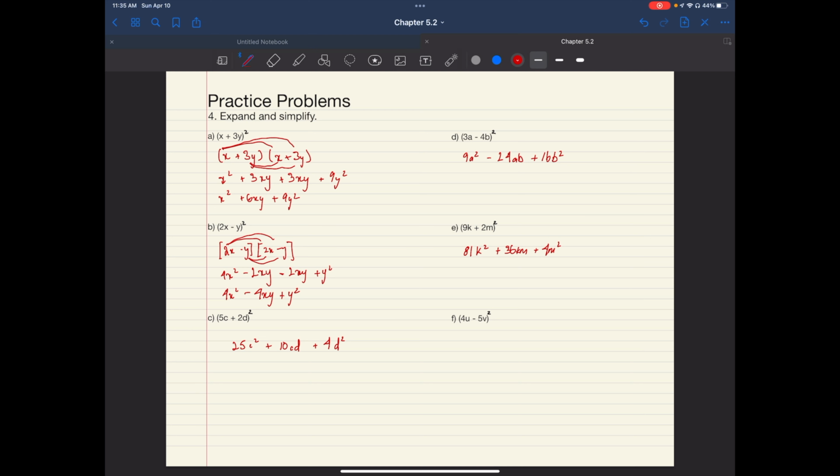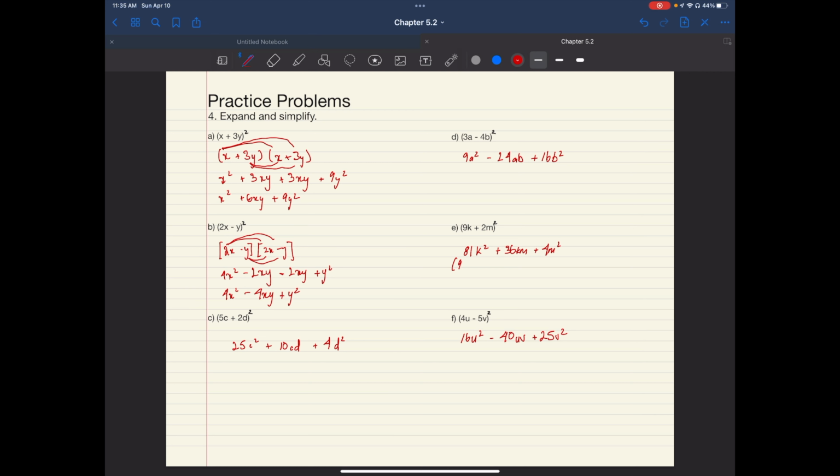Here we're going to have 16u squared minus 40uv plus 25v squared. We'll go back through and expand E and F to make sure we've got these correct.